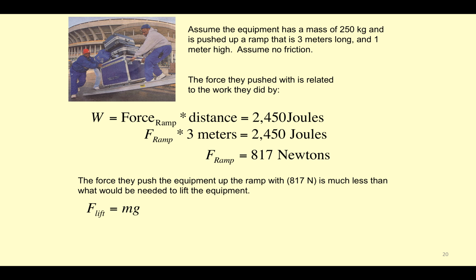But the actual force to lift the thing 1 meter high would take 2,450 newtons. So the ramp, due to its 1-to-3 ratio of height to length, means that it lowered the weight of that thing by a third.